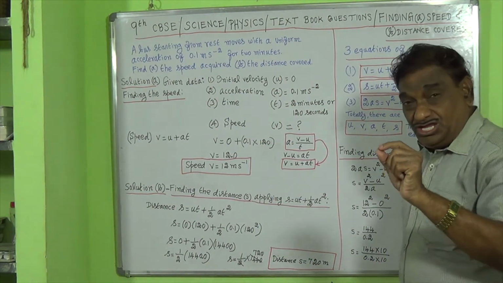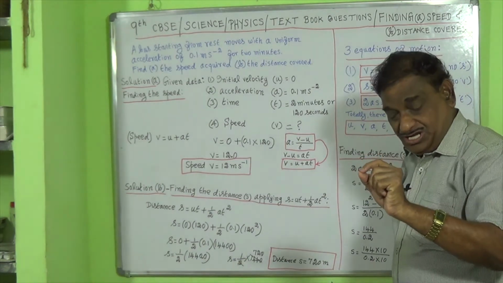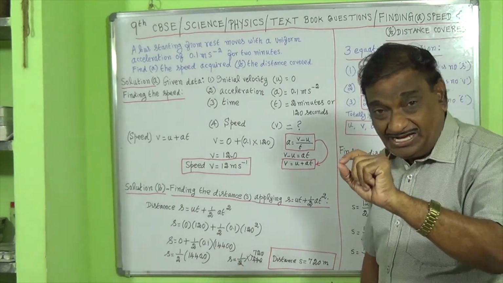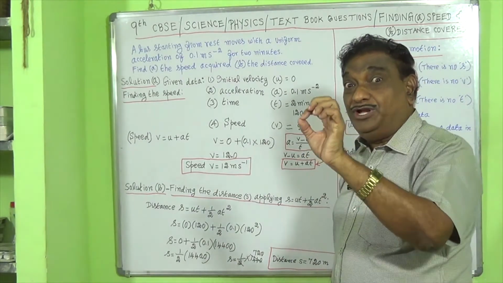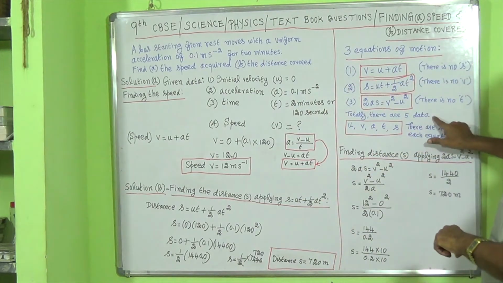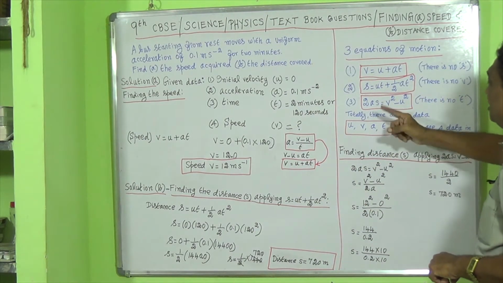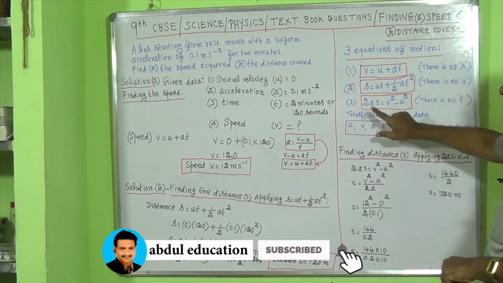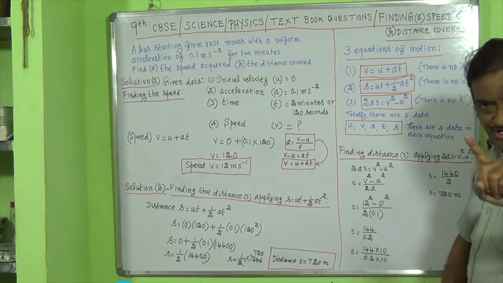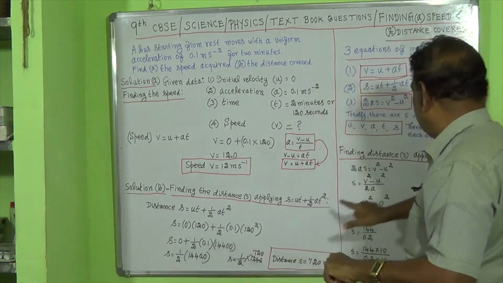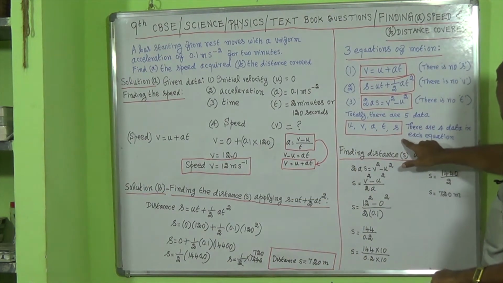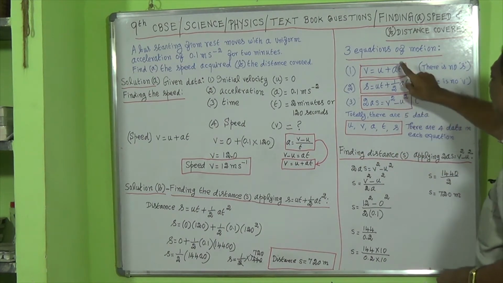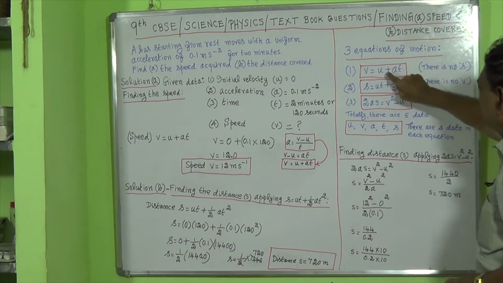On seeing these 3 equations, what do we understand? We understand that there are 5 data totally. What are they? Initial velocity u, final velocity v, acceleration a, time t and the distance s. Of these 5 data, only 4 data are available in each equation.